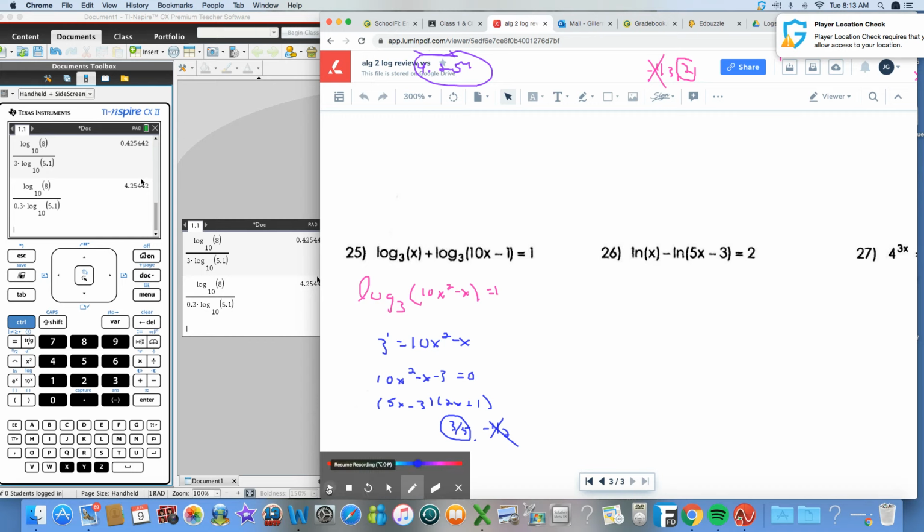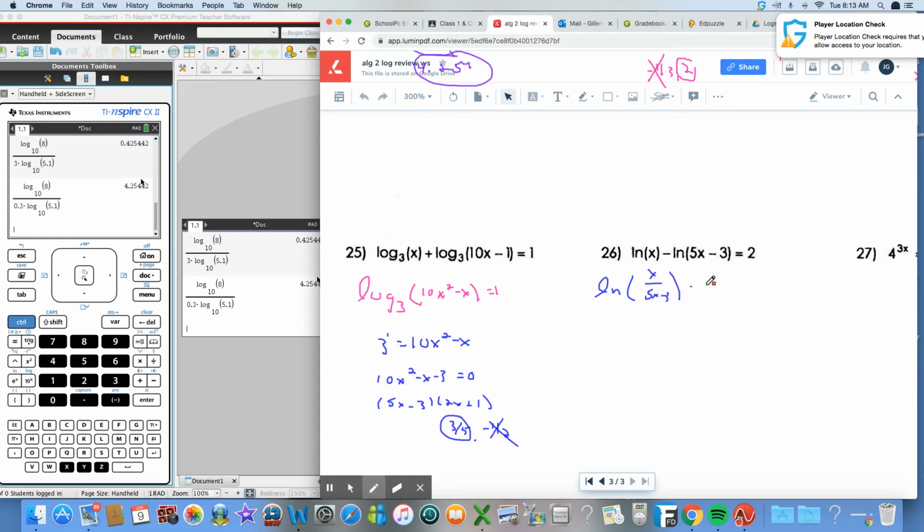Okay. Here, same thing. Two natural logs. So it's a natural log of 5x minus 3. It's a minus, which means we divide. So it's x over 5x minus 3 equals 2.